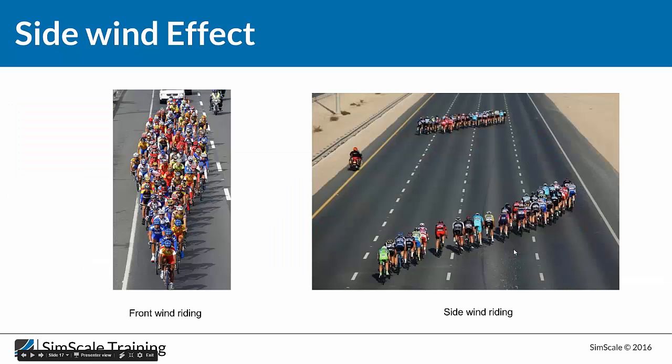And to confirm this, here we have two different riding conditions. The one on the left is called the front wind riding, or drafting, condition. There are no side winds, maybe because of the surrounding buildings, so it's important to ride just behind the rider in front of you, because you will take advantage of this bubble of low kinetic energy created behind the rider in front of you.